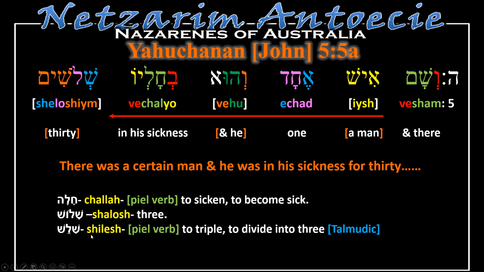Just out of interest, I also have shilesh, which is a Piel verb, to triple, to divide into 3, and that's also a Talmudic term. The translation is: there was a certain man and he was in his sickness for 30.